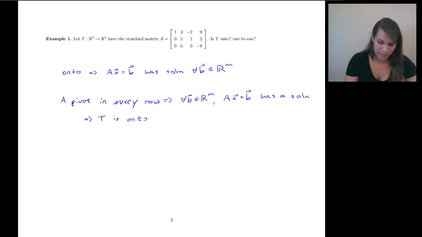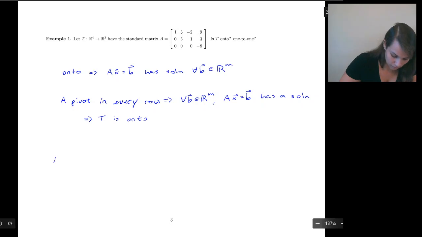Okay, now we want one-to-one. For one-to-one, I told you that Ax equals b needed to have a unique or no solution. Does it have a unique or no solution here? You can tell by looking again at the pivots. A has a free variable. What does that mean about the number of solutions?